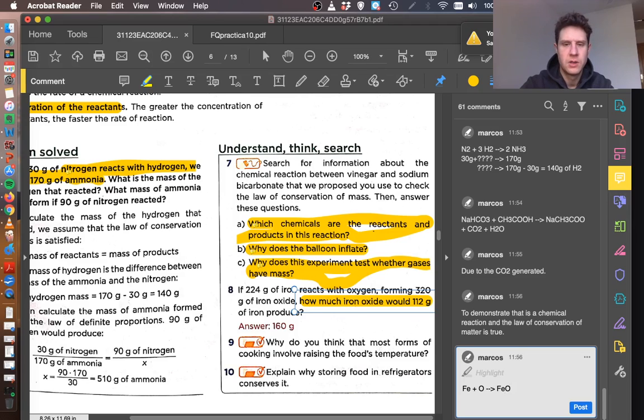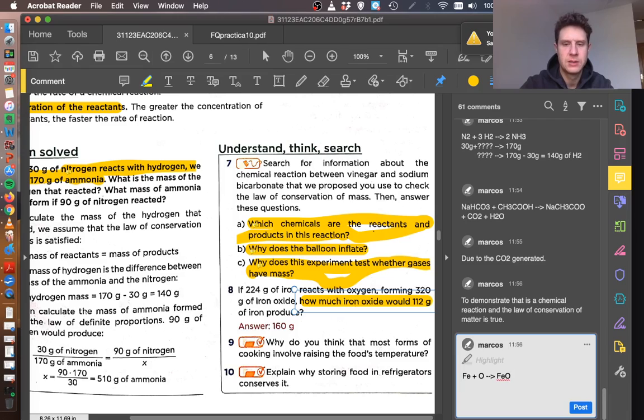For example, we know that 224 grams of iron plus oxygen, we don't know how much, generates 320 grams of iron oxide.